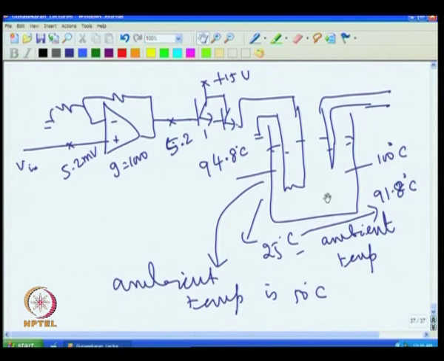So this issue was addressed by the practicing engineers, and they developed the so called PID temperature controller, proportional integral differential temperature controller. In fact, the first step is the proportional integral temperature controller. They added integral action to solve this problem, that is, when the ambient temperature changes, the temperature of the oven changing, that problem was solved by adding an integral action to this.